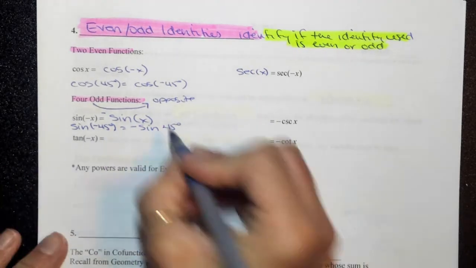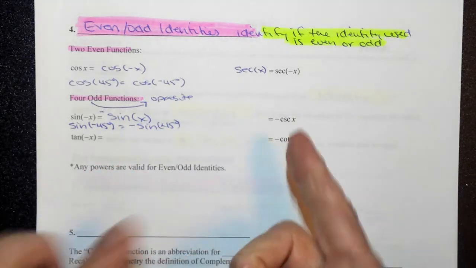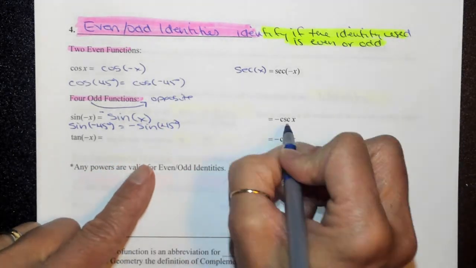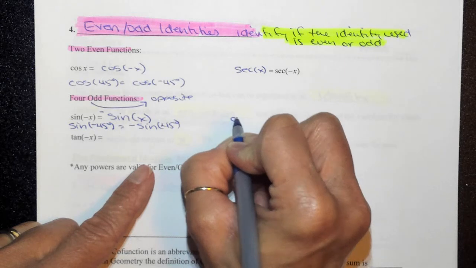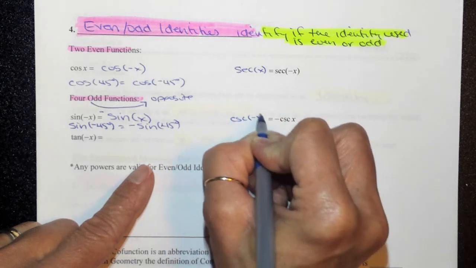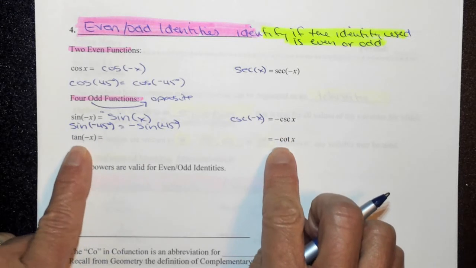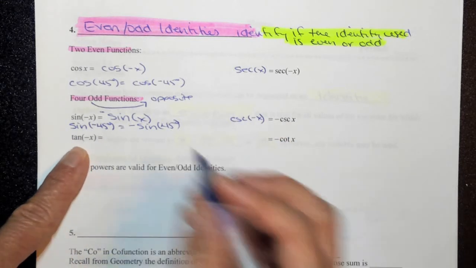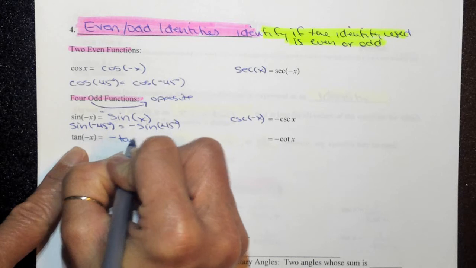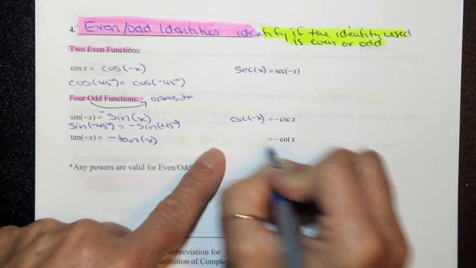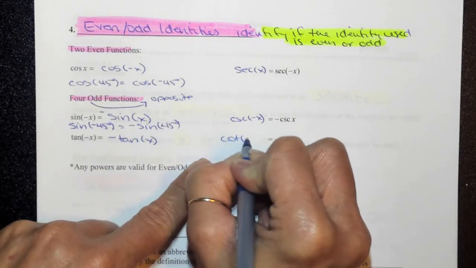And I keep using 45 degrees because it's an easy one. Same thing for the cosecant. So the cosecant of negative x would be the same thing as the opposite of the cosecant of x. And both tangent and cotangent are both odd. So this is the opposite of the tangent of x, and this is the cotangent of negative x.